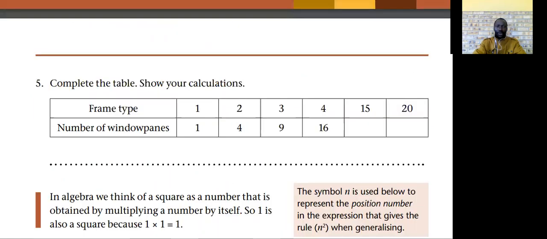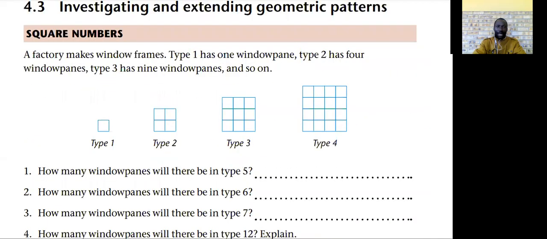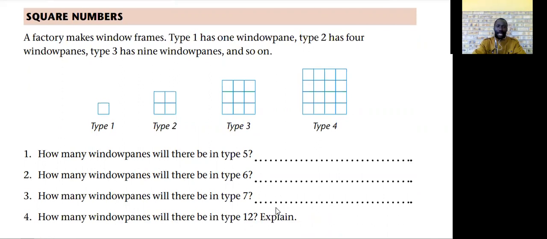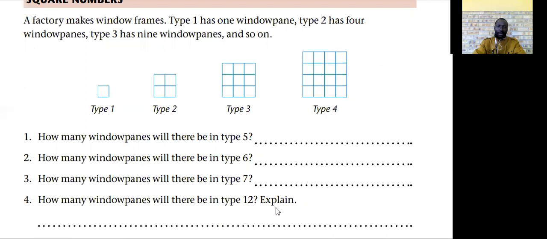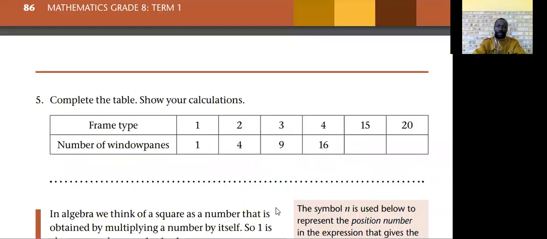So you will do the question on square numbers starting with part 1, which is: how many window panes will be there in type 5, then in type 6, then in type 7, like that, you see? So you will do this. There are 5 questions: 1, 2, 3, 4, and the 5th question is on the next page. You will do that.